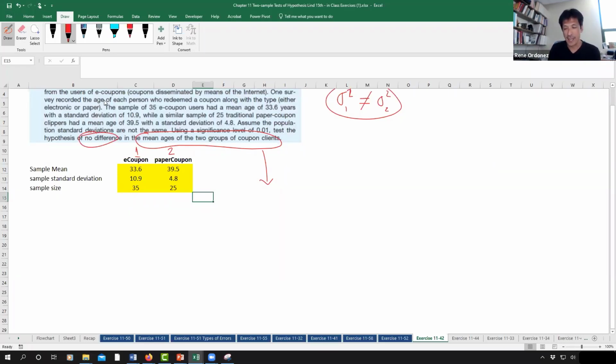So we'll say mu1, if we use 1 to denote the e-coupon group, versus mu2. What's the missing symbol between these two? Does not equal. Okay, not equal to, correct.